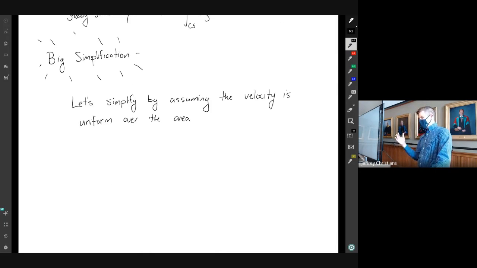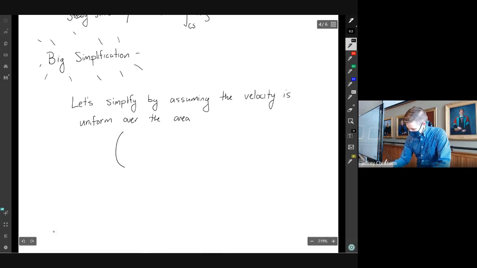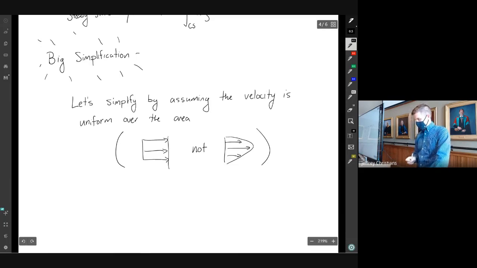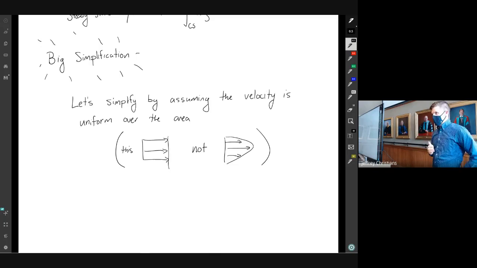So velocity looks like this, not that. So it's uniform over the entire area. And what does that do? It takes integrals out of the picture.